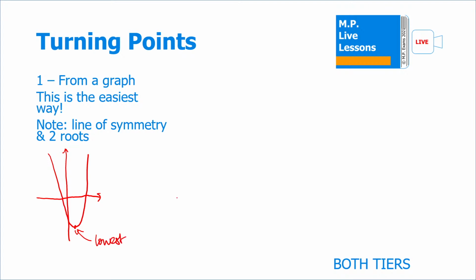Sometimes it could be the other way around. So the turning point can either be a maximum, or a peak, or a minimum point, before it just turns around again and goes the opposite direction it came from.